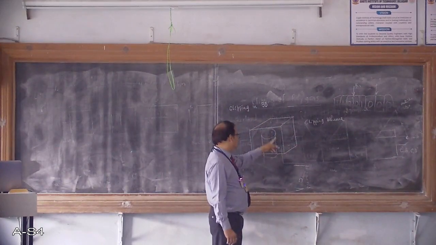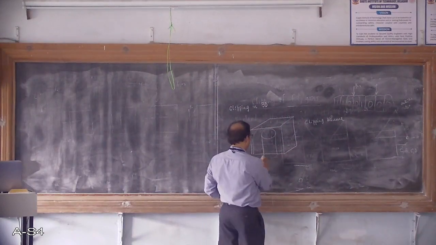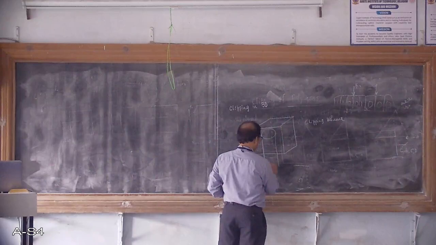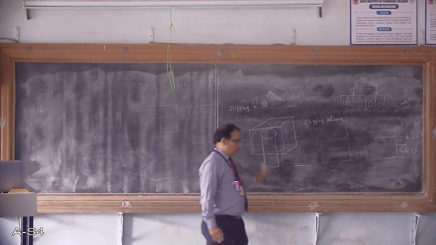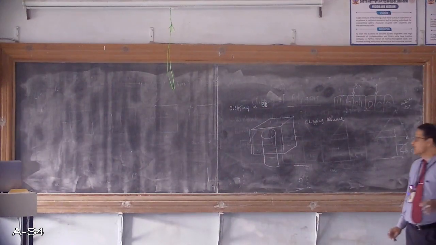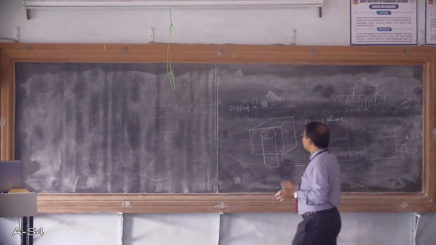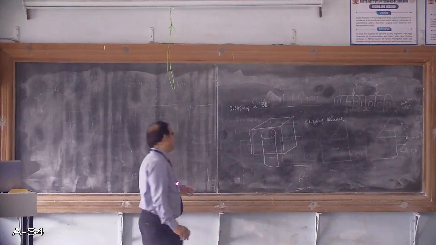Let us say, for example, you have a cylinder and this cylinder is required to be clipped against the given clipping window. How are you going to apply it? Now, as far as 3-dimensional objects are concerned, the clipping can be applied by simply extending the Cohen-Sutherland line clipping algorithm.